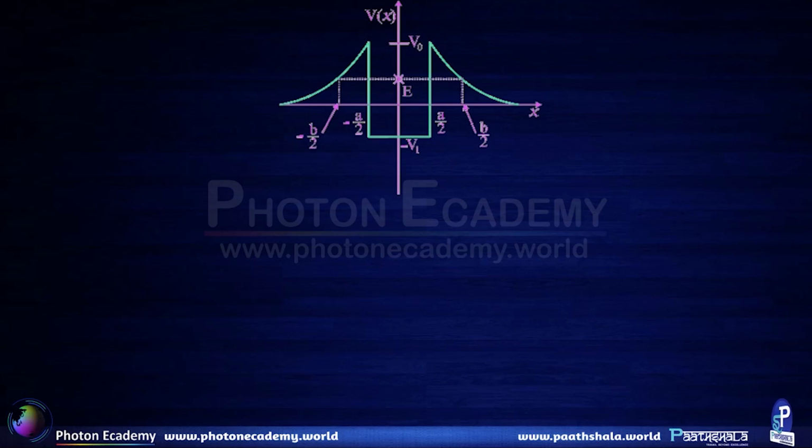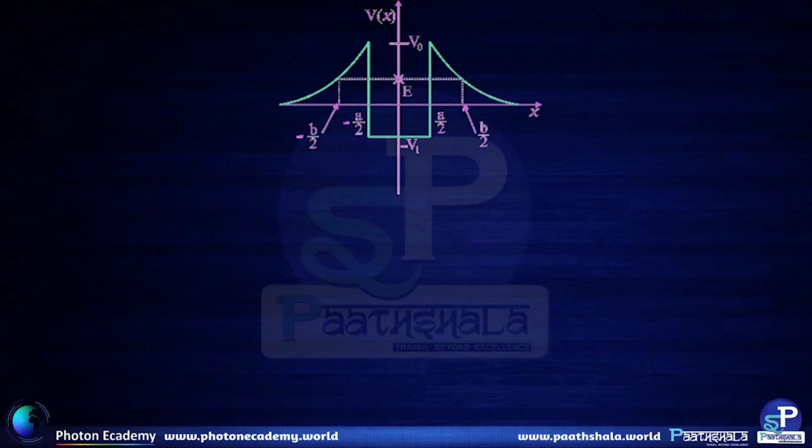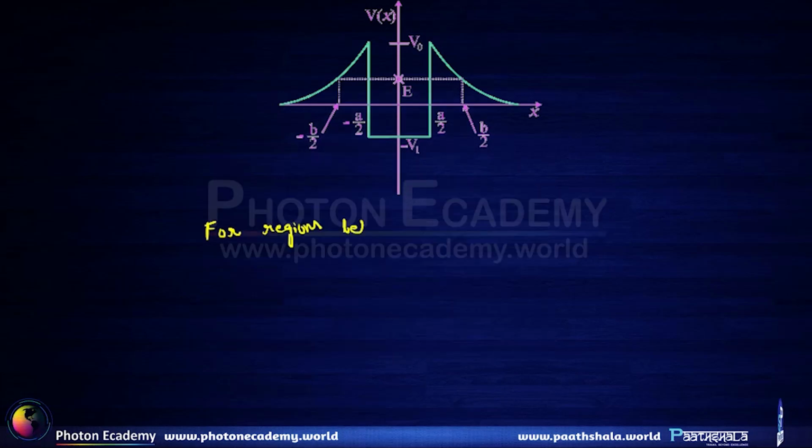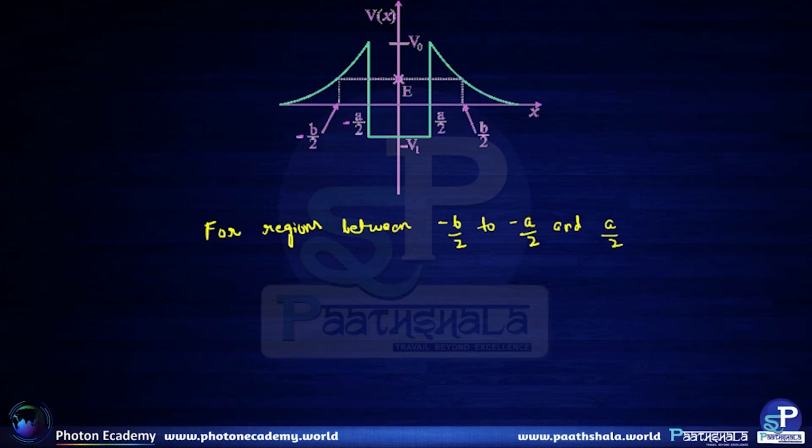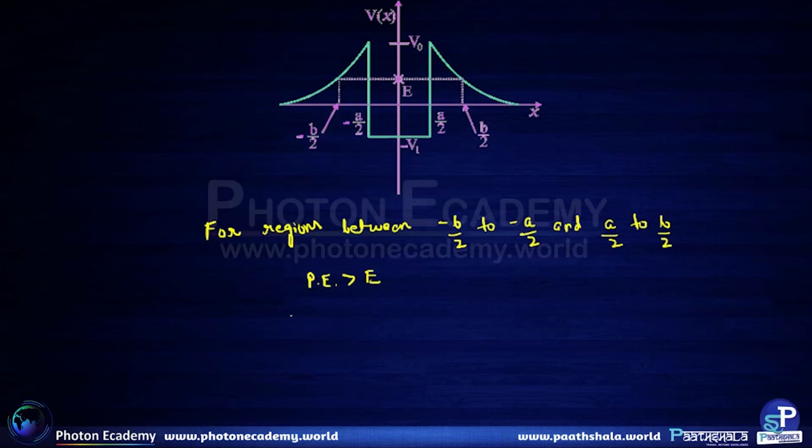Let's see this situation. Here we can see that for the regions between minus b by 2 to minus a by 2 and a by 2 to b by 2, the potential energy is greater than E. Therefore, kinetic energy will be negative in these regions, and for all other regions, the particle can exist.